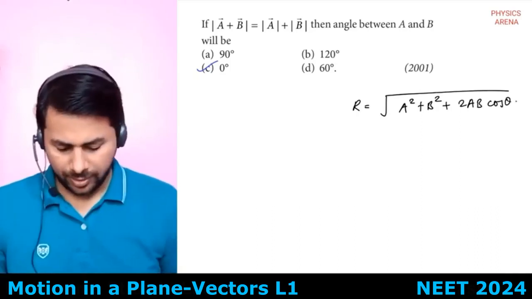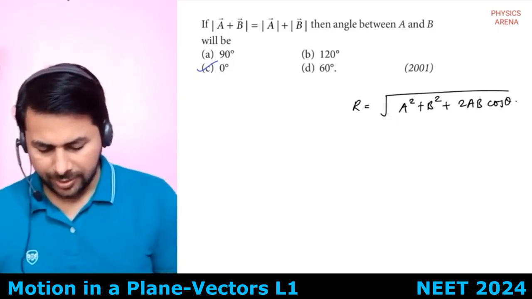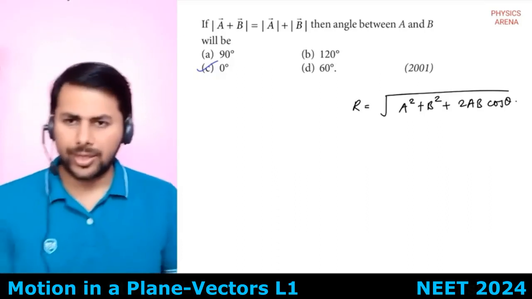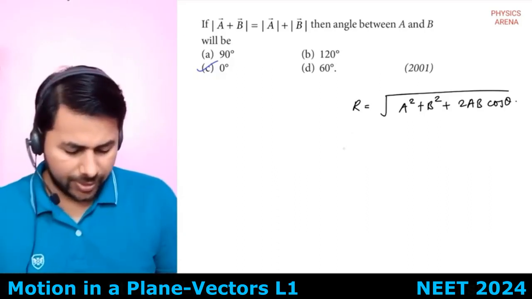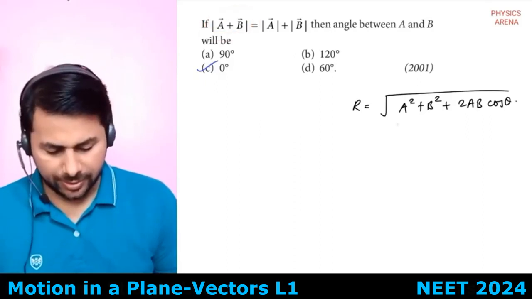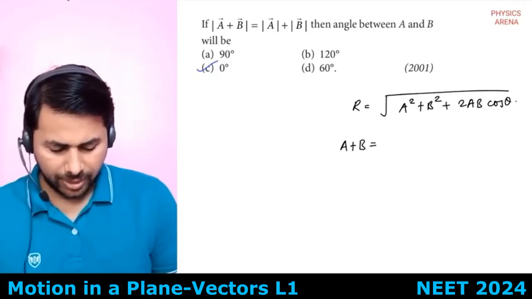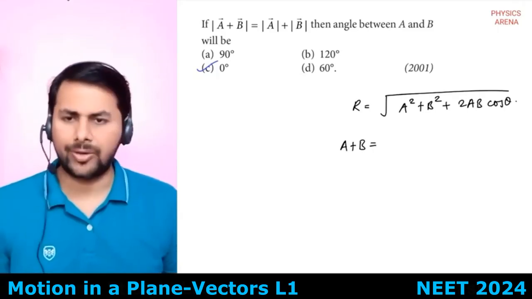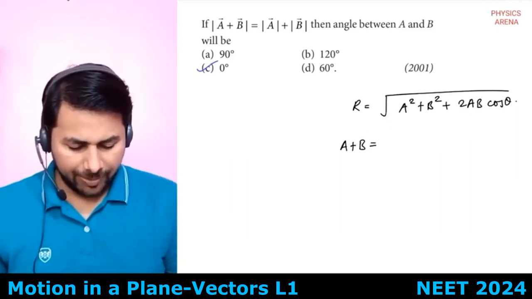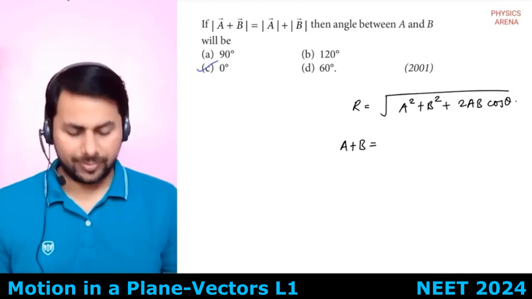We can solve it like this, but there is a simple way actually. Let's solve it this way. So this is magnitude of the resultant, and it's equal to a plus b. What will be a plus b in square root sign? It will be square root of (a plus b) square.